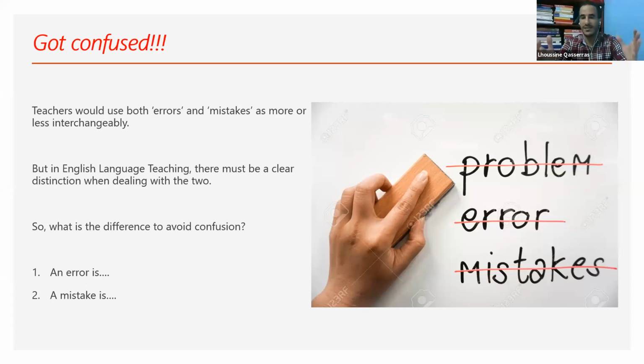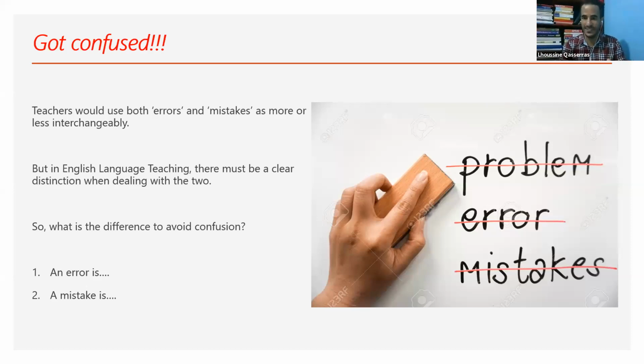So an error, yes, is when you are unaware, you don't know that you made that mistake. Because the teacher may help you, may prompt, may highlight the mistake, where is it? But the students cannot correct him or herself. It's an error. A mistake, as some of you said, is a slip of the tongue. You make a mistake, but if the teacher helps you, you correct yourself.